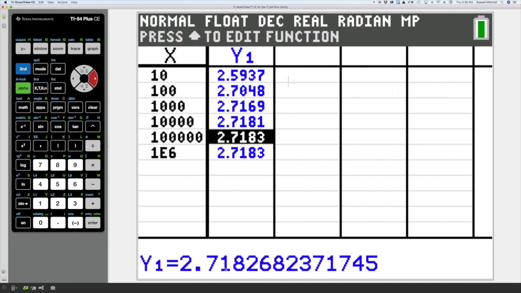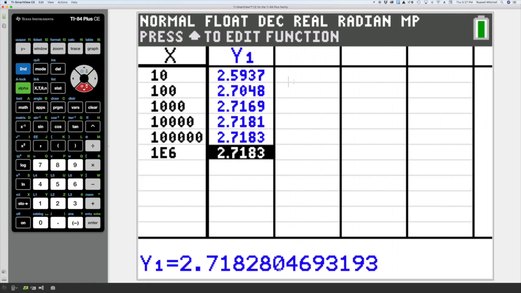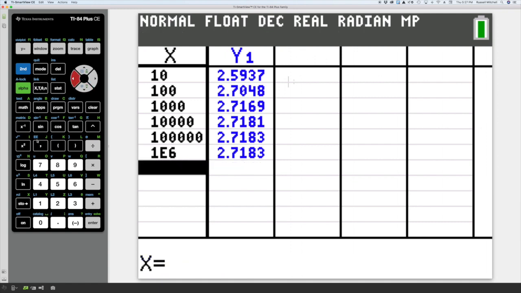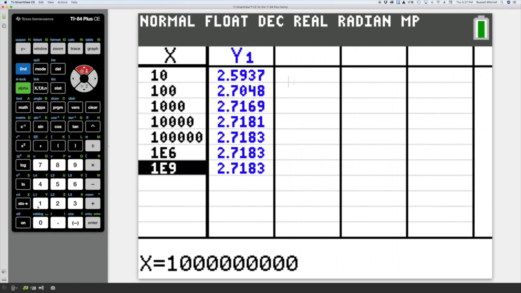So we can go on top of them. This one is 2.718268 right here, and if we go down, 280. So they are different. Let's go a couple more. This was 1 million, so now let's put in 10 million. So 10 followed by 3 zeros and 3 more zeros. I put too many zeros in there. 1, 2, 3, 4, 5, 6.